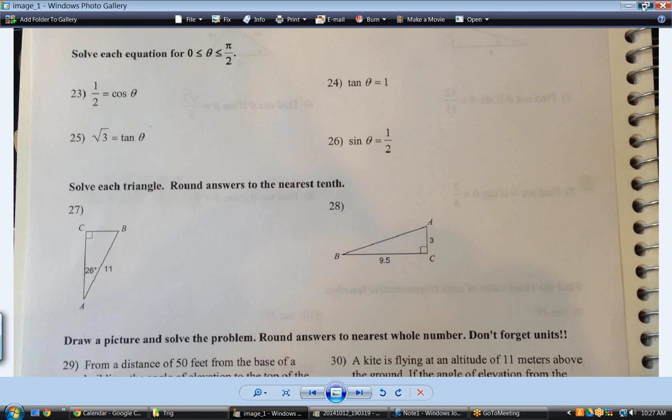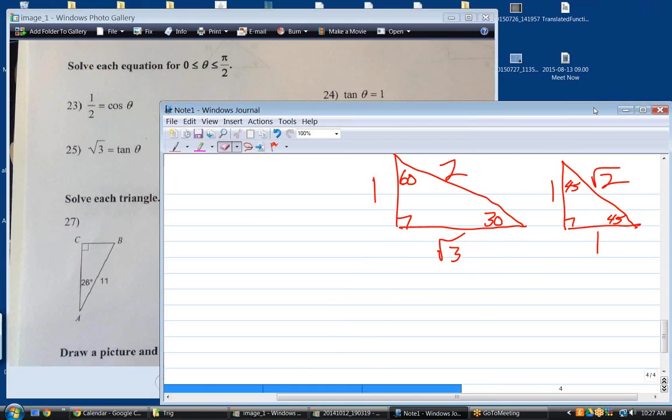well, let's do that. Let's do these same two problems, only let's make our domain 0 to 2 pi. So what would all of the answers be for theta for 23? We've already figured out that 60 degrees was one answer, and you can give these to me in degrees if you want.